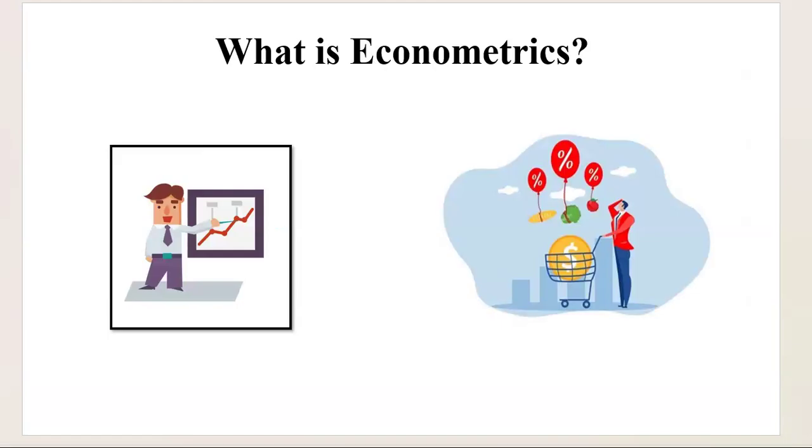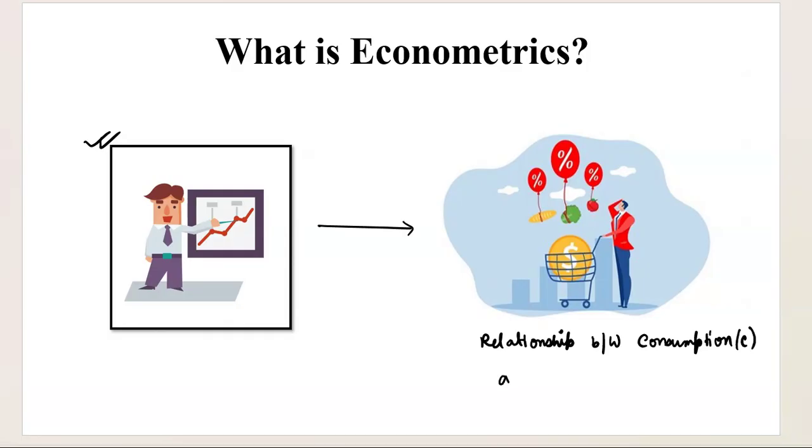So firstly, for example, think that you are an econometrician and suppose the problem in your hand is to find out the relationship between two economic variables. What are they? Consumption is one of the most important economic variables that we deal with.